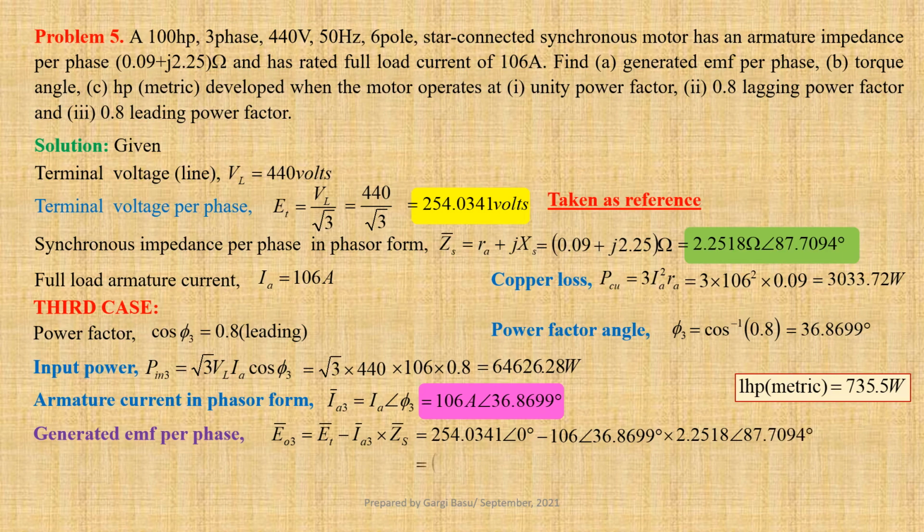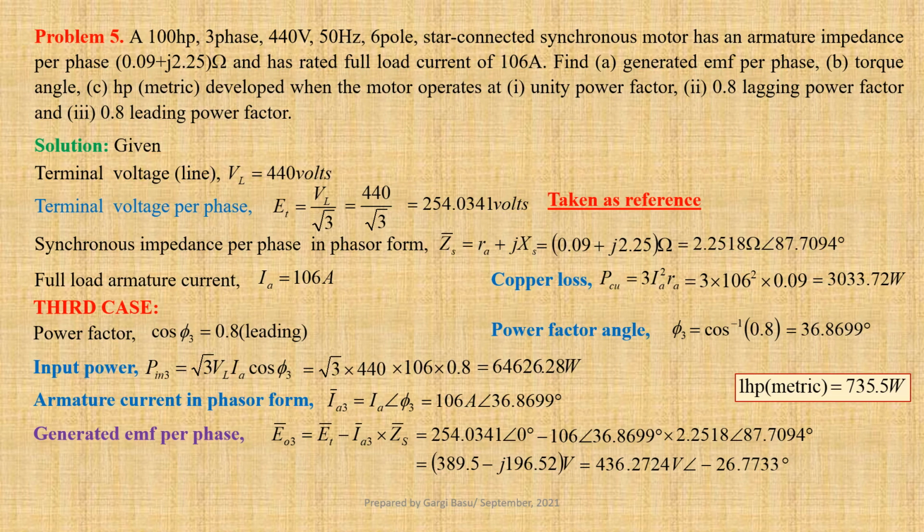That gives us 389.5 minus j196.52 volts. This may be written in polar form as 436.2724 volts at an angle minus 26.7733 degree.